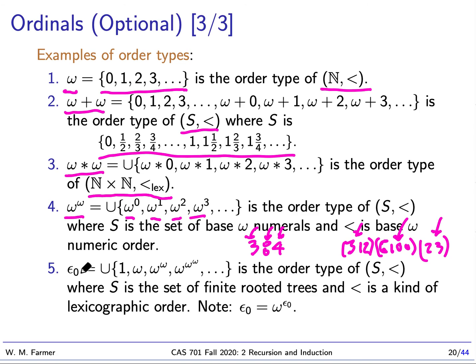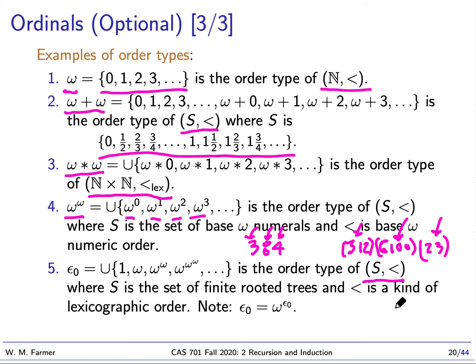And finally we have epsilon 0. It's the union of 1, omega, omega to the omega, omega to the omega to the omega, omega to the omega to the omega 4 times, and so forth. And it is the order type of S with less than, where S is the set of all finite rooted trees.